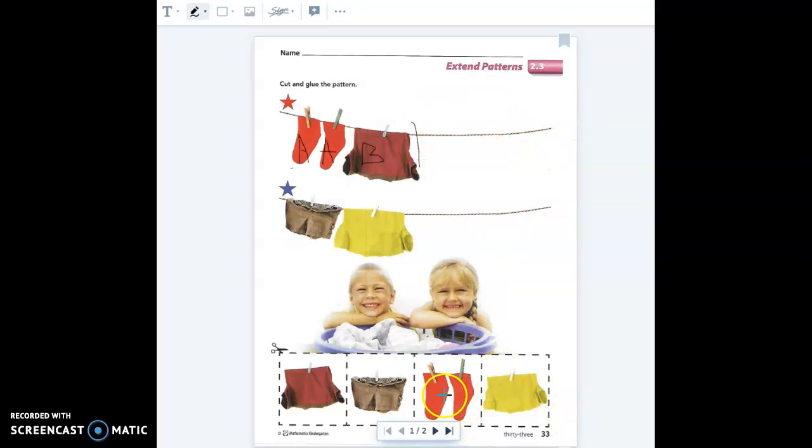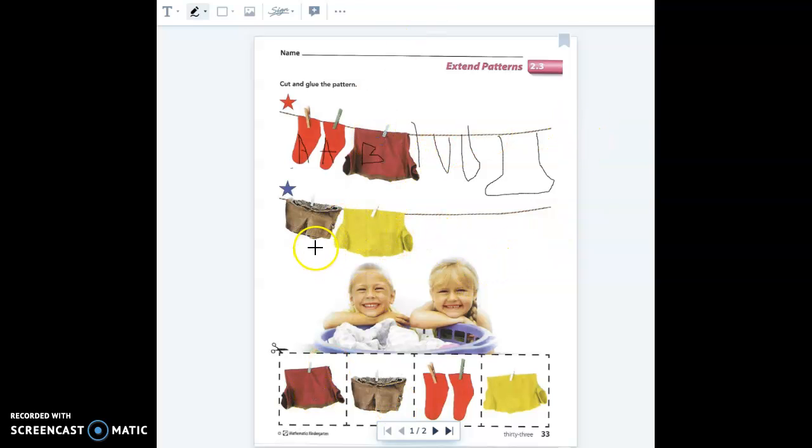So I would need to take my socks up there, and it would be A, and then the shirt that hangs down. You guys are going to cut yours out, and it will look way better than my drawing with the mouse, okay? But that's an A, A, B pattern, see? A, A, B. I should not have said C. That probably confused you. A, A, B. Look. A, A, B. All right? So cut your socks out and your red shirt and glue them on the clothing line.